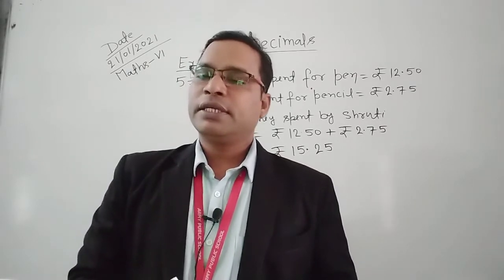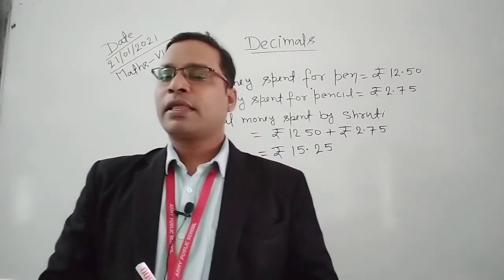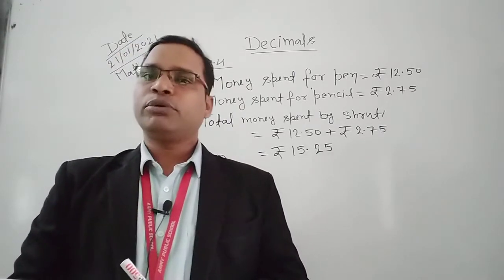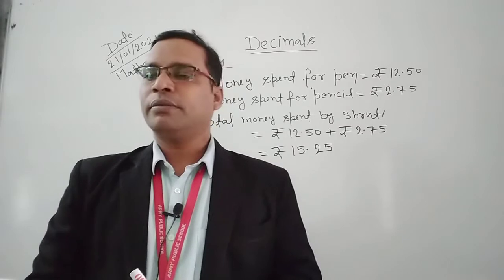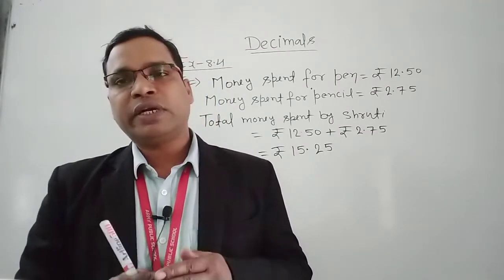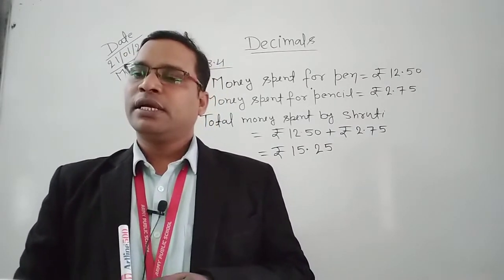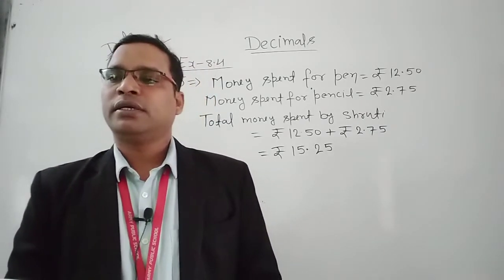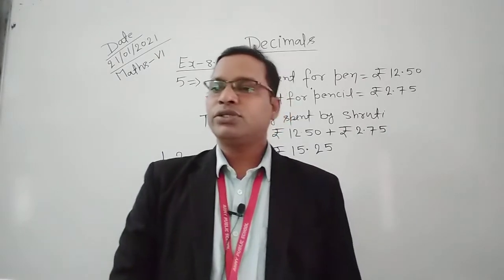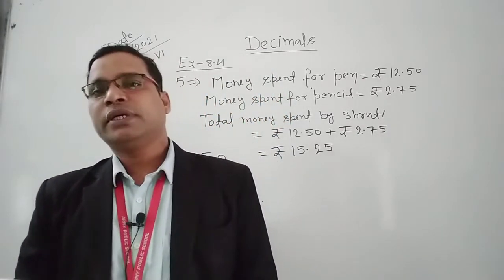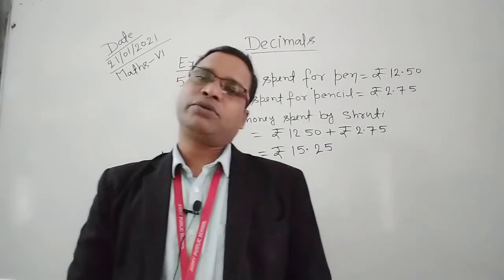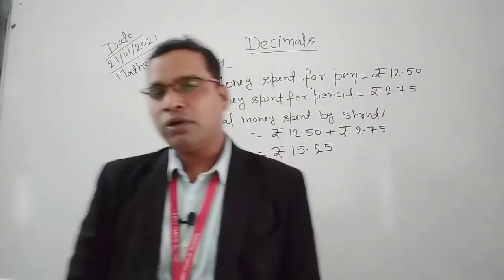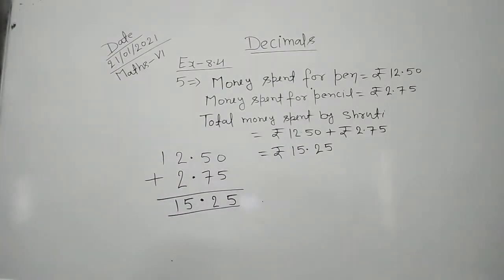Again, the distance traveled on foot is 1 kilometer and 87 meters. Also we convert it in kilometers, and after that we add them. Total distance traveled by Dravid is equal to what? If you add them, then you get the total distance traveled by Dravid. So let's see how to solve these questions.